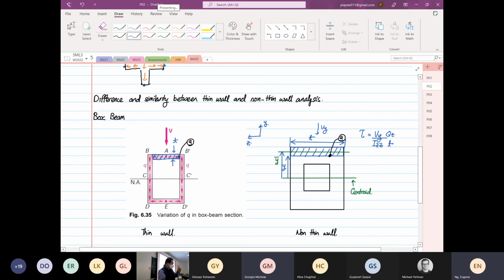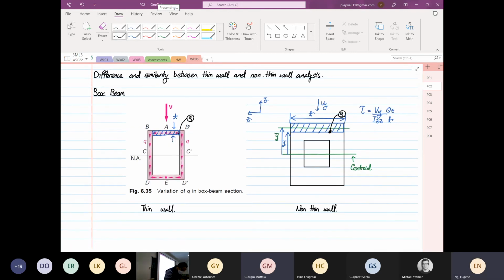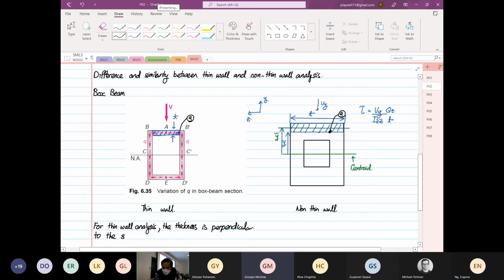Okay, so first thing, what you see, the difference is for thin wall analysis, the thickness is perpendicular to the shear flow vector Q. Okay, so you can see that the shear flow is running horizontally.